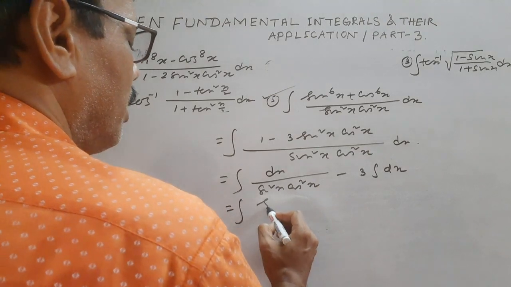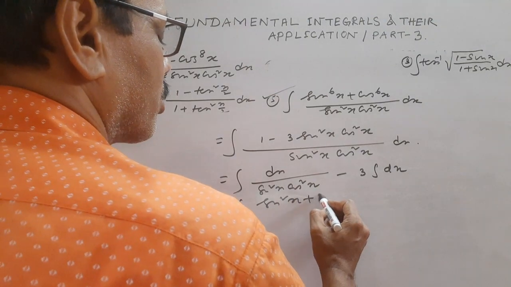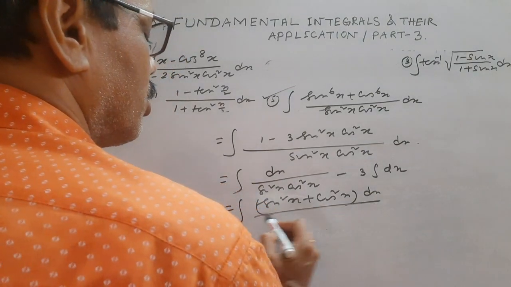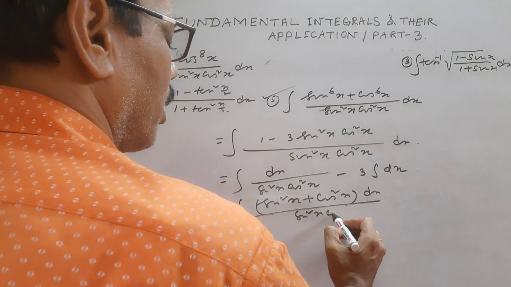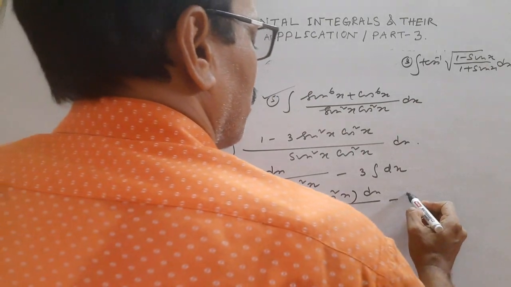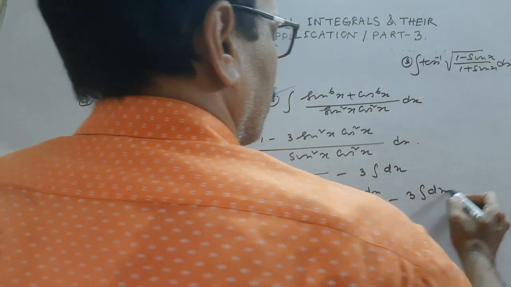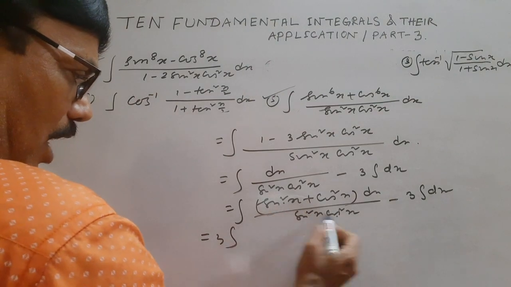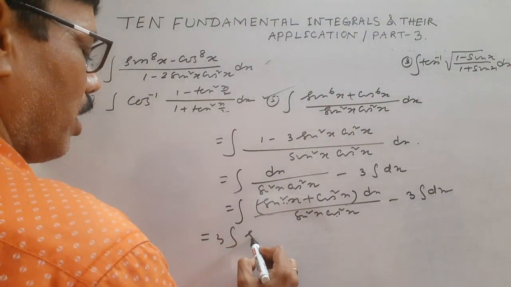Now it can be written as 1 into (sin square x plus cos square x) dx, since the denominator is sin square x cos square x, minus 3 of dx. Now finally you are getting 1 by sin square x plus 1 by cos square x.